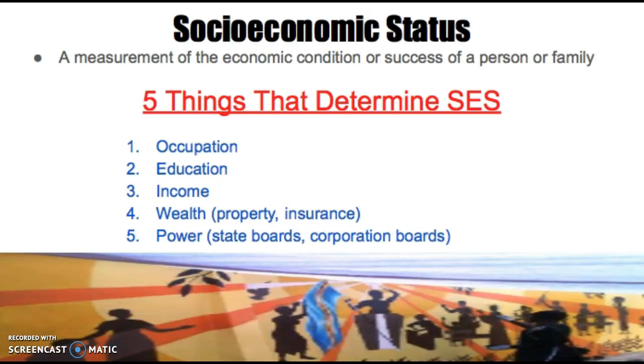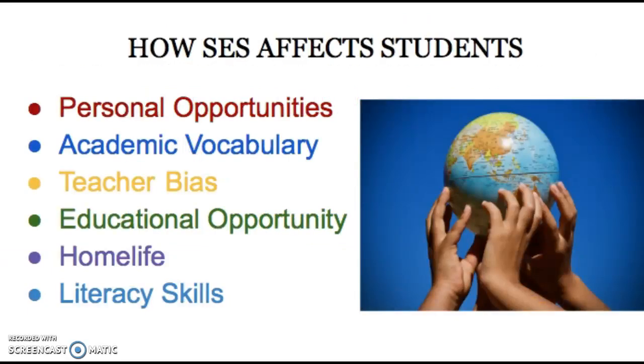And there are 5 things that they usually use to determine socioeconomic status. 1 being occupation or your job, 2 your educational attainment, 3 your income, and then usually 4 and 5 are wealth and power, wealth meaning property, insurance, and power being like committee of state boards or corporation boards. So how does SES affect our students?